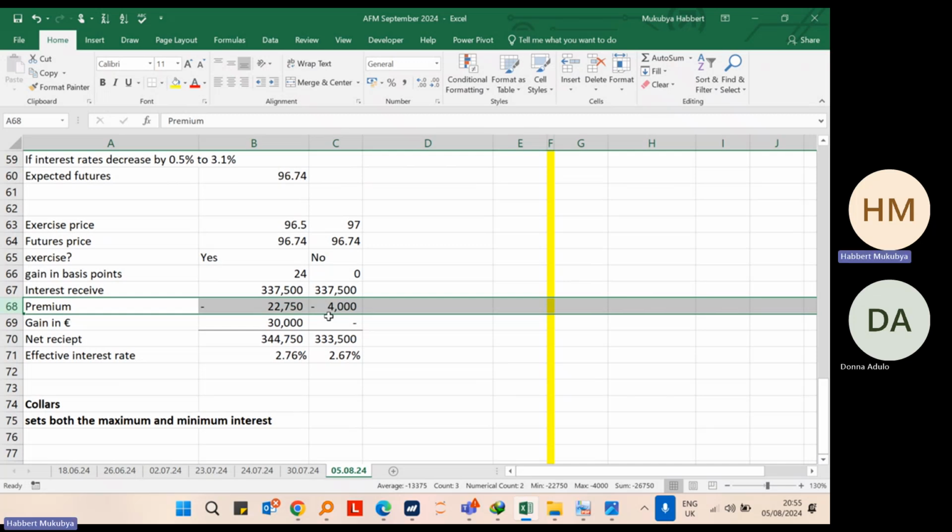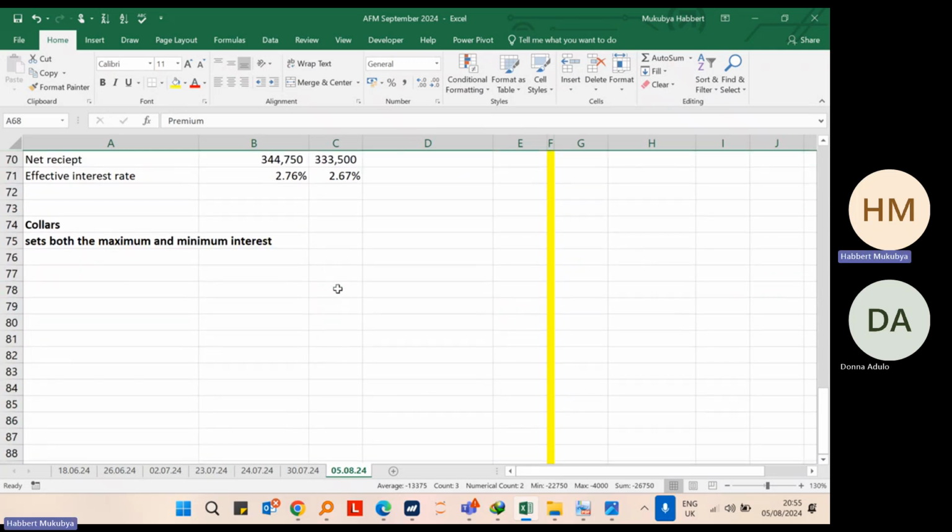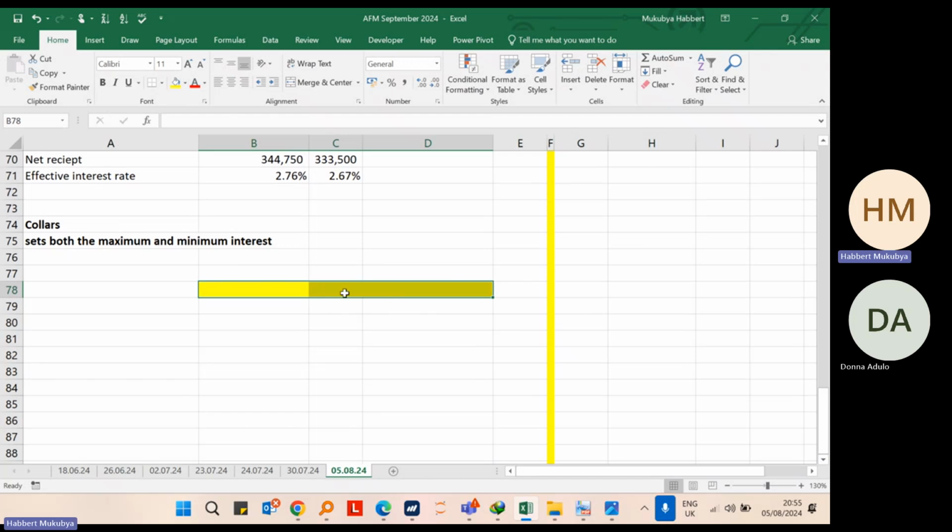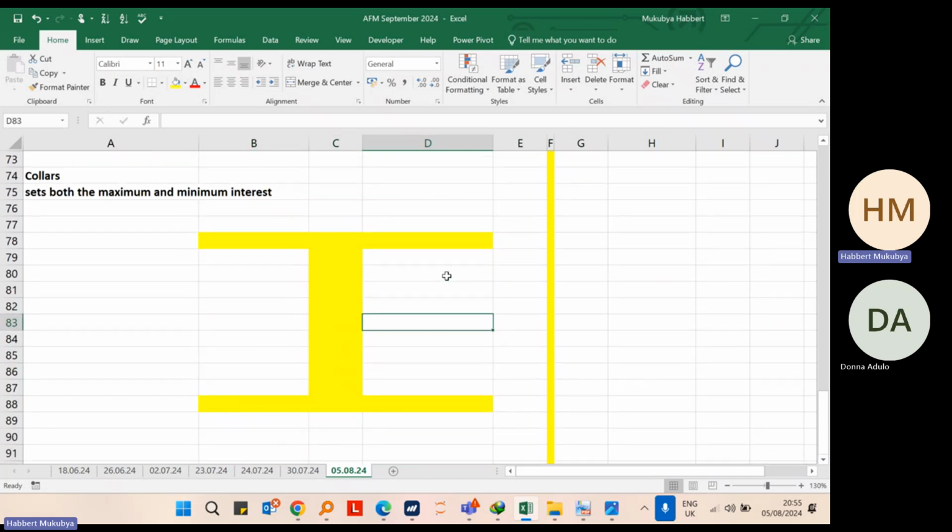By doing both of them, you net, and therefore the premium amount becomes lower. But now it fixes you in the middle of those two, just like how that collar looks. It has a wider part like this, then another part, and a lower, wider part here. So when you get a collar, you fix a maximum interest and a minimum interest, which puts you in the middle here.